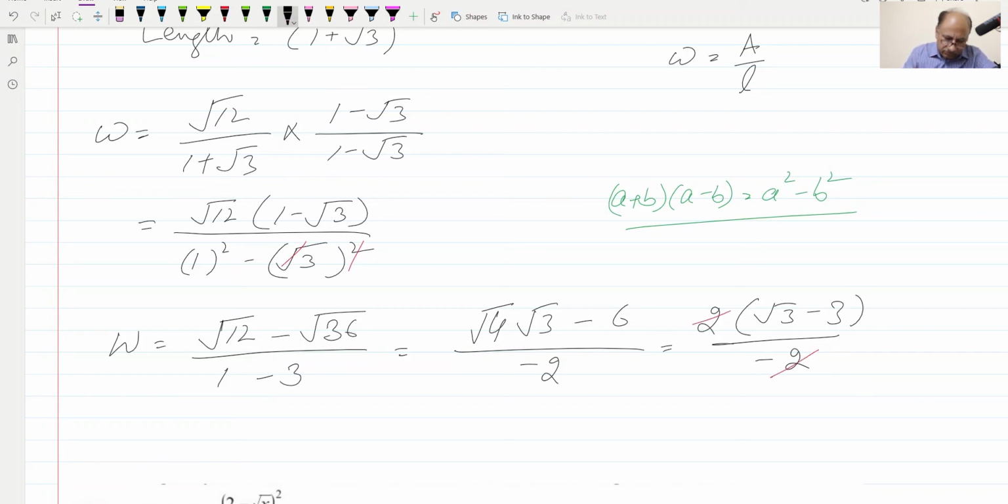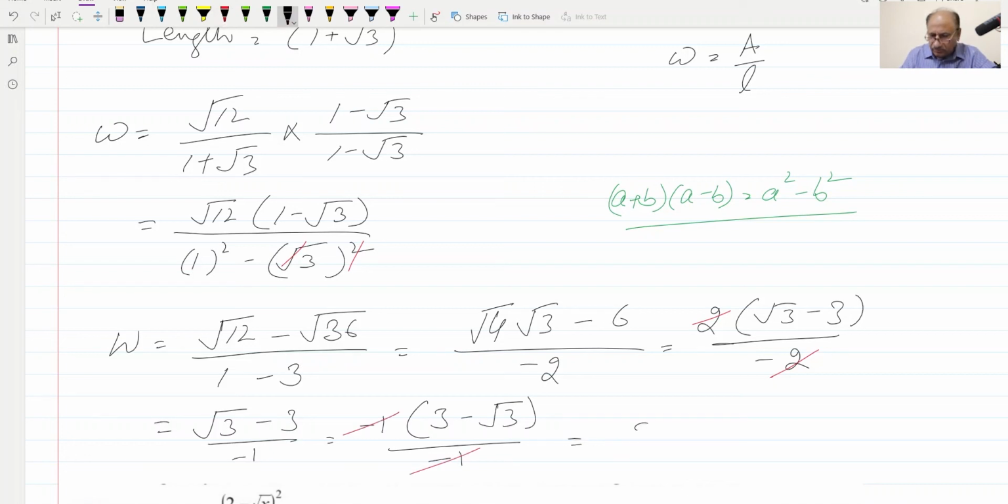Minus will be remaining, so it is under root 3 minus 3 over minus 1. Taking minus 1 common from the numerator, it will be 3 minus under root 3 over minus 1, and this minus 1 cancels with this minus 1. The final answer will be 3 minus under root 3.